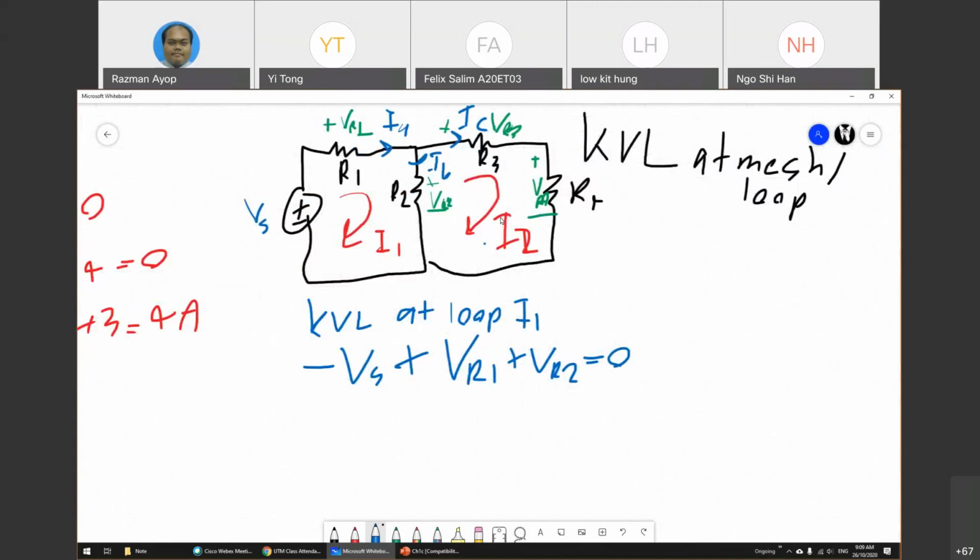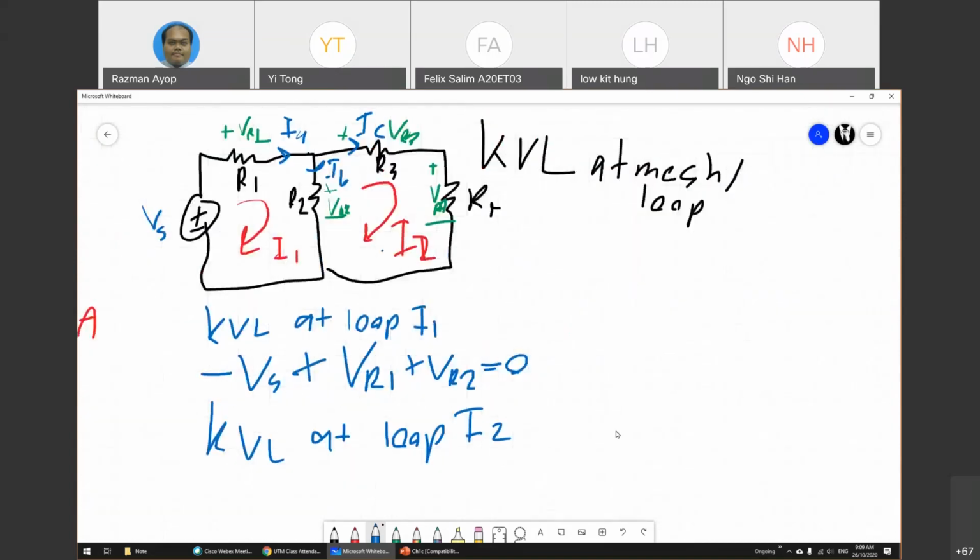If you do loop, KVL at loop I2. If you apply this, if you do loop, you meet the negative side first.